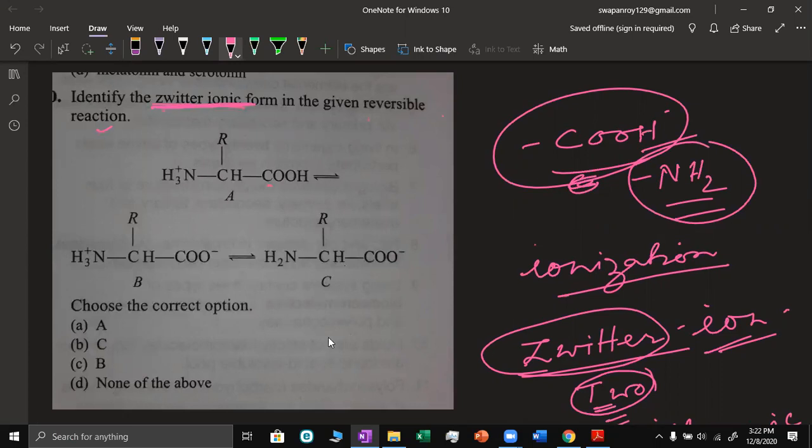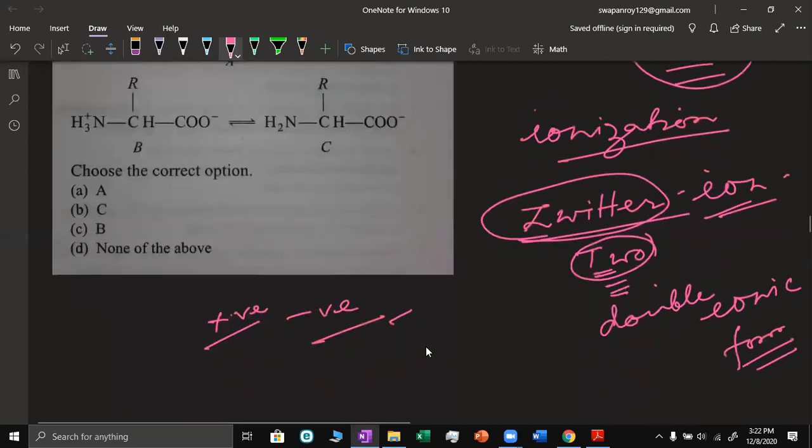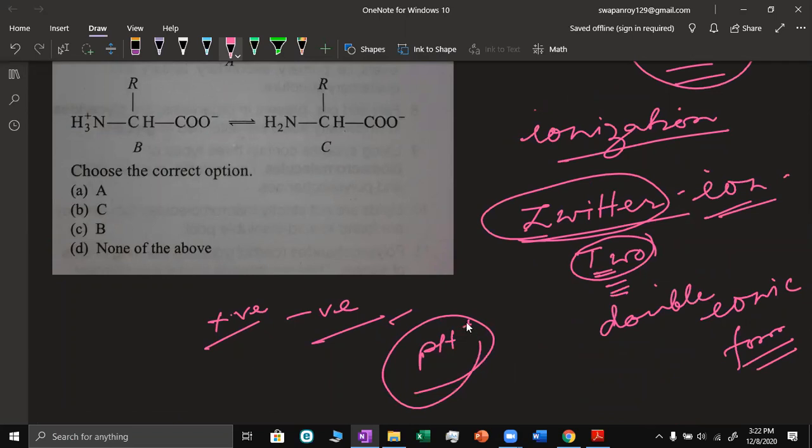This reaction is reversible, and you know for protein and amino acid, if the pH of the solution or the medium is changed, their properties also vary and they behave in a different way.